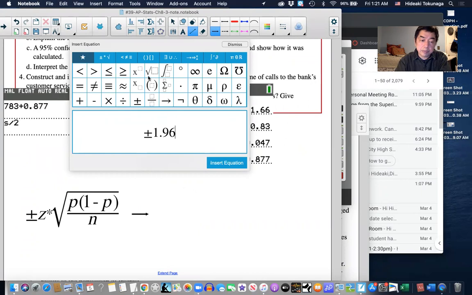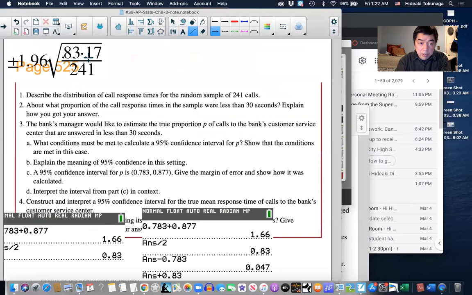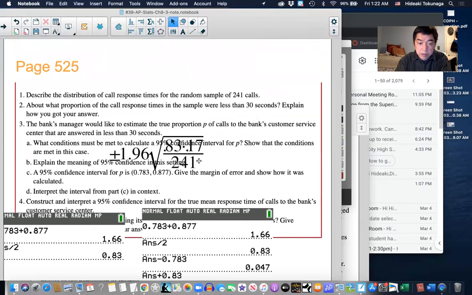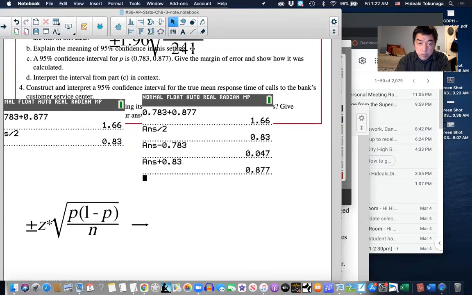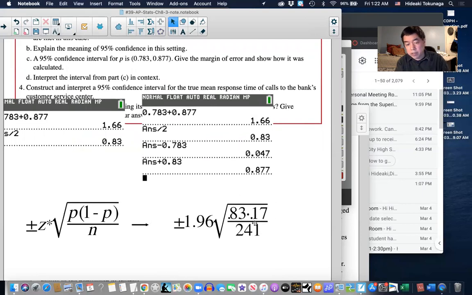And the square root: P is 83%, so 0.83. The failure of 83% is 17%, so 0.17, divided by 241. This might be the margin of error. It's supposed to come out to 0.047.